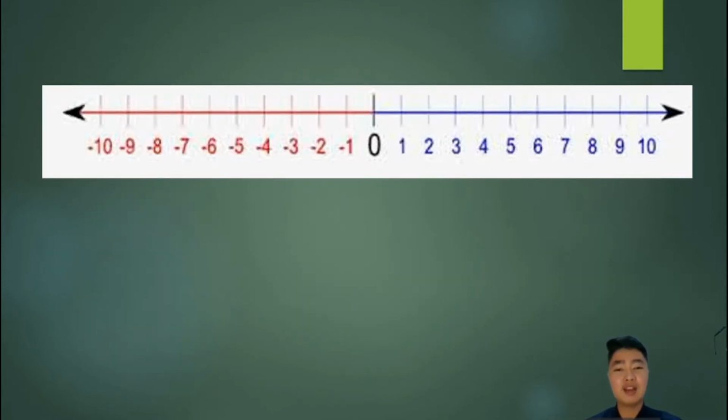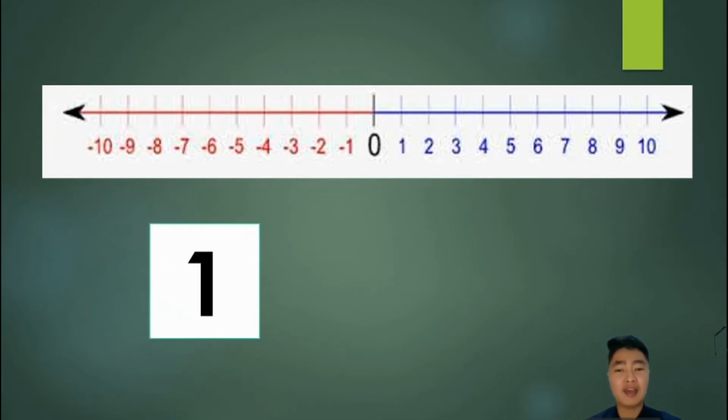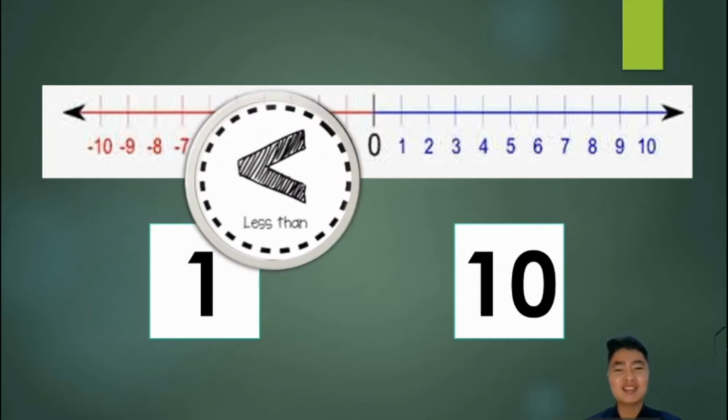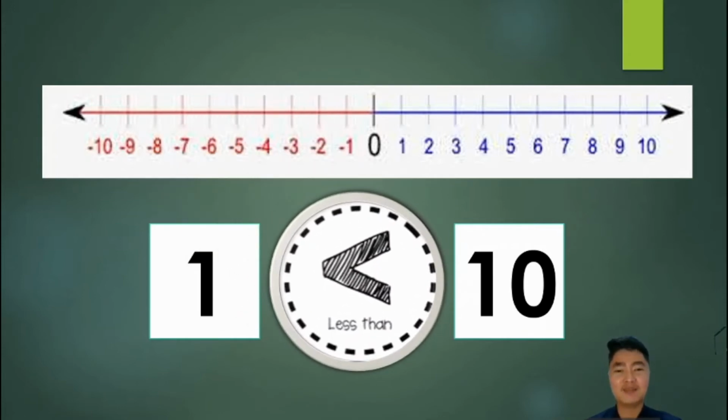Say for instance, on this number line, we have 1 and 10. So, what do you notice? Based from our number line, which is nearer to 0? Is it 1 or 10? Well, as you can see in the figure, 1 is nearer to 0. And we all know that 1 is less than 10.